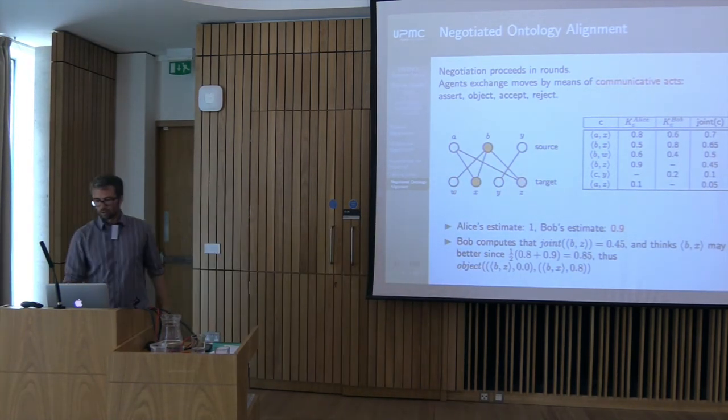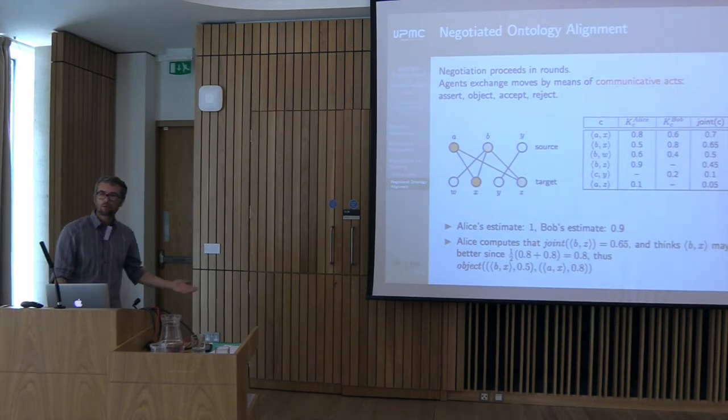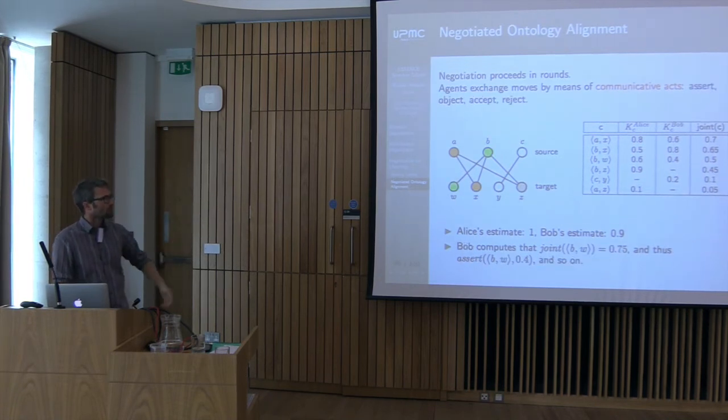And so on. So Alice now can do the same, compute some value, see that she has a better option eventually, propose an alternative, and then in the end she will accept and they will agree on some other correspondence and so on.